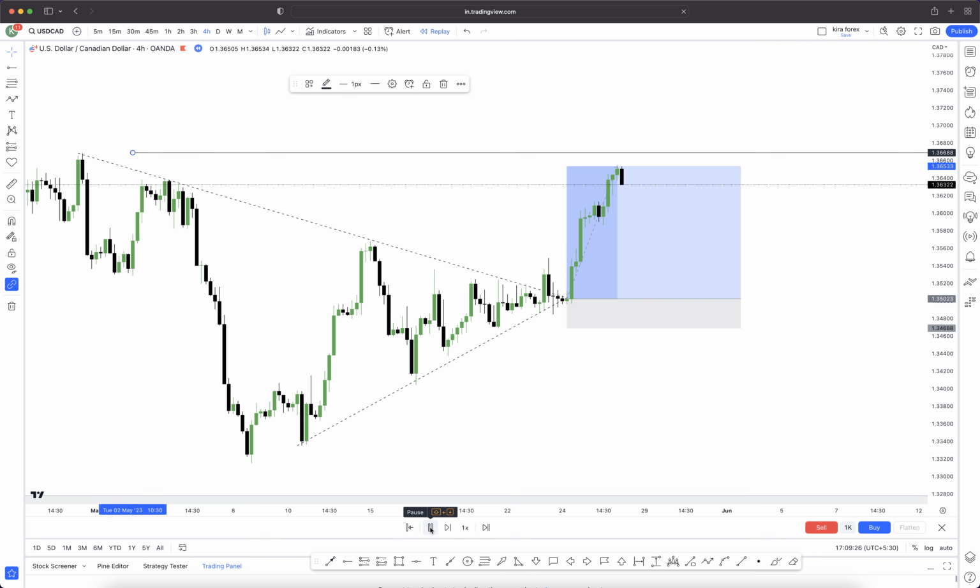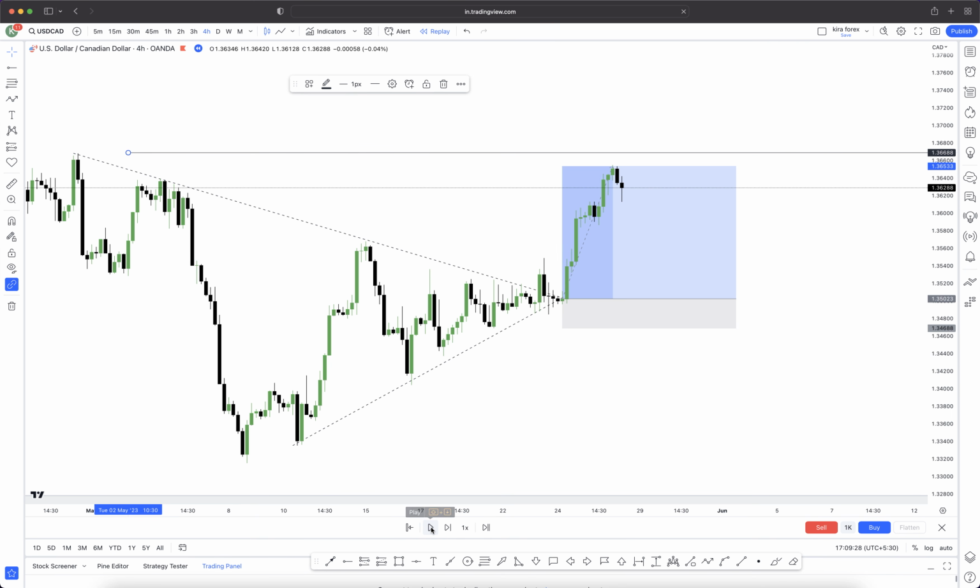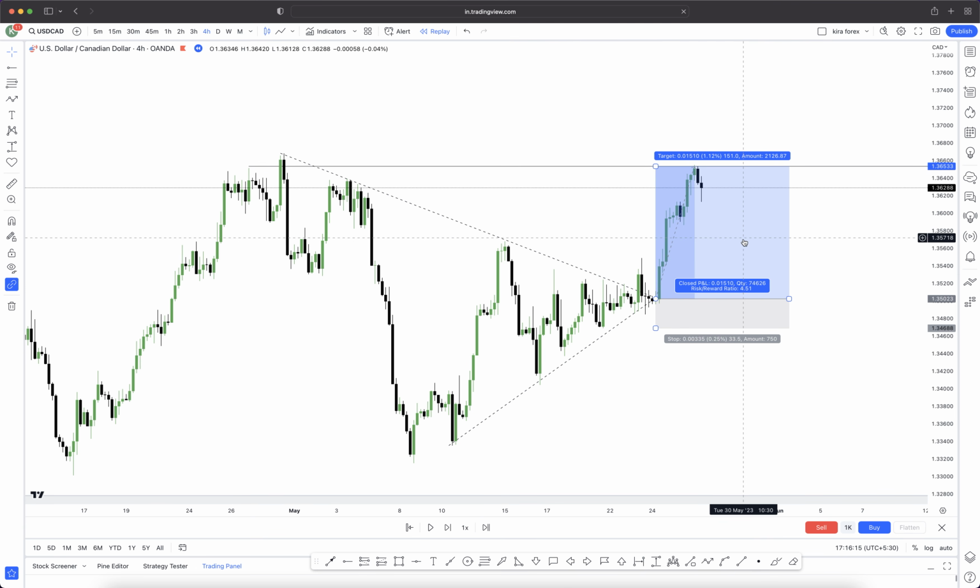Wow, and finally we have our take profit triggered, and this is how many pips. Let's see the number of pips over here. So we have almost 151 pips, and our risk to reward is 1:4.51, which is almost 1:5. So this is a very good risk to reward.